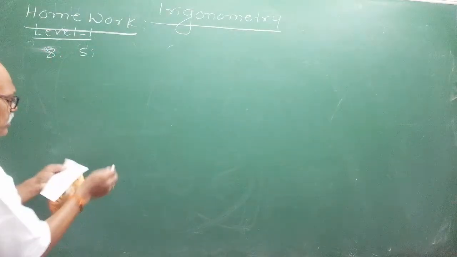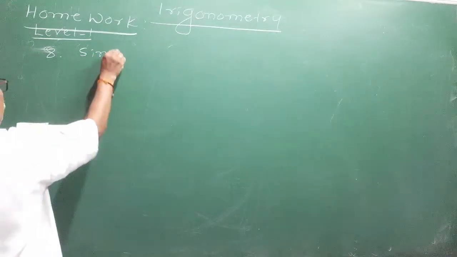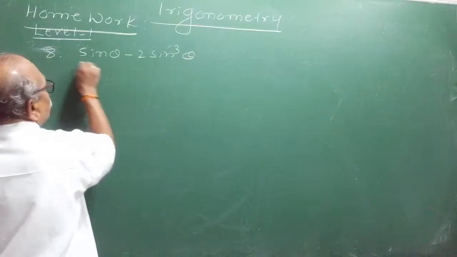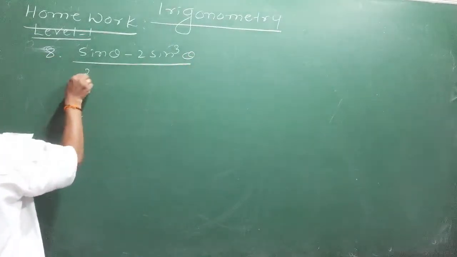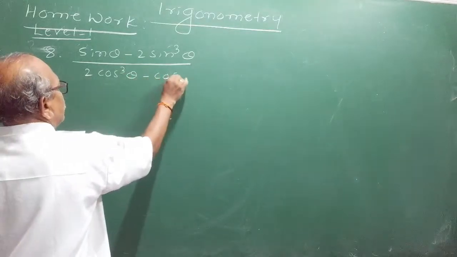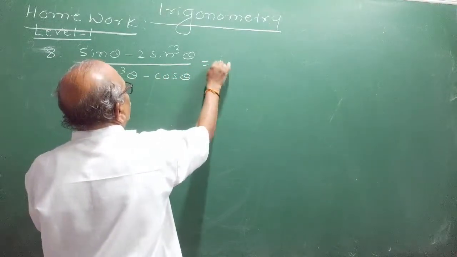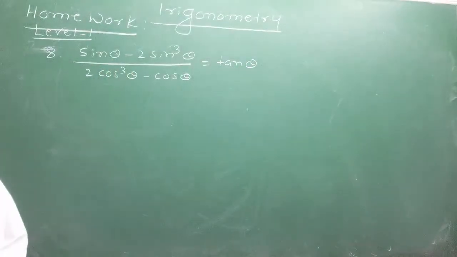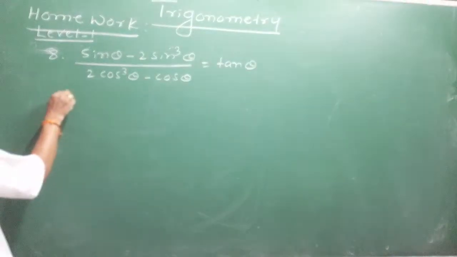Was it the 8th one? Check. Sin theta minus 2 sin cube theta was the problem, divided by 2 cos cube theta minus cos theta is equal to tan theta. We have to prove this time. Study carefully. Take LHS.